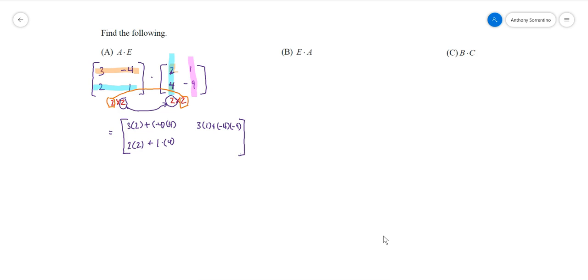And then lastly, you're going to do row 2, column 2 to get what goes in row 2, column 2 in the final answer. And then I'm going to have 2 times 1 plus 1 times -9.